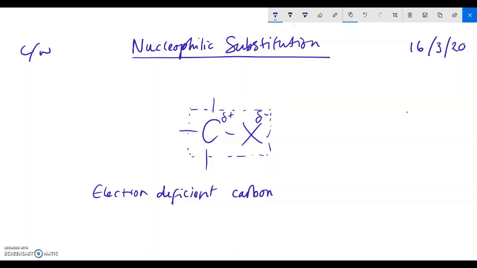In a way, its nucleus is more exposed as electron density is pulled away. And therefore, the carbon in halogenoalkanes is susceptible to what we would call a nucleophilic attack.